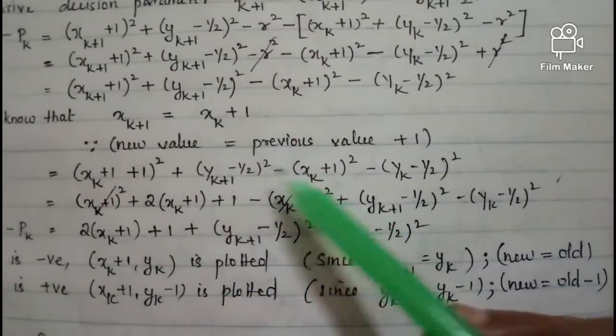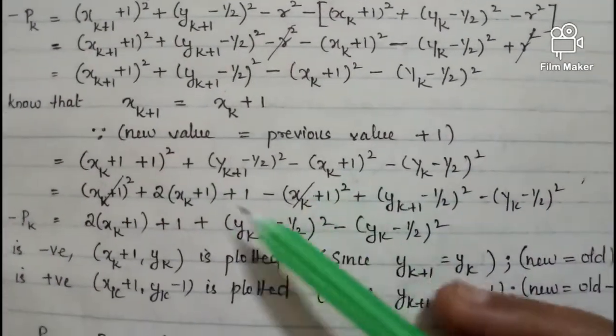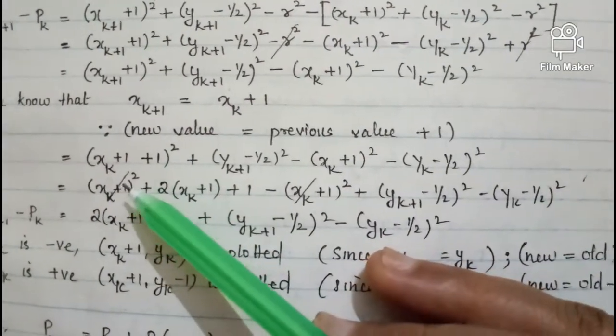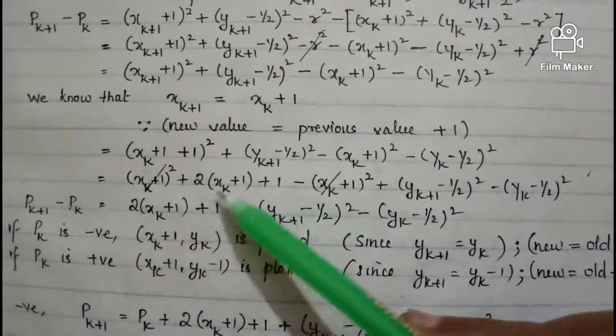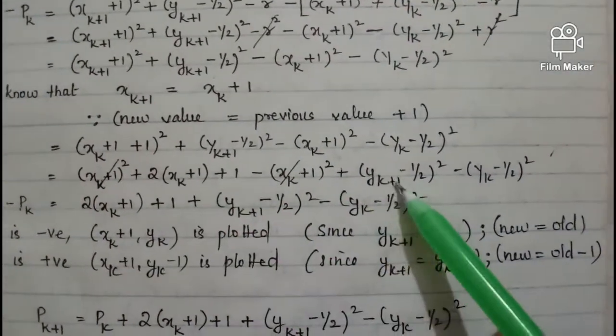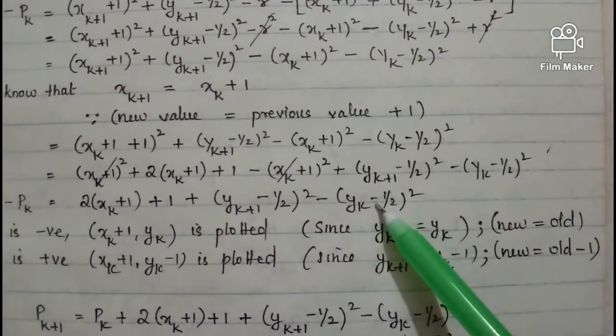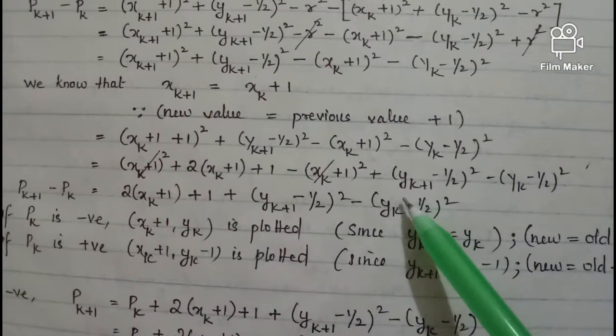So after expansion, xk plus 1 the whole square and minus xk plus 1 the whole square, these two terms will get cancelled. And the remaining value is pk plus 1 minus pk is equal to 2xk plus 1 plus 1, this term and this term. So again we are having 4 terms.